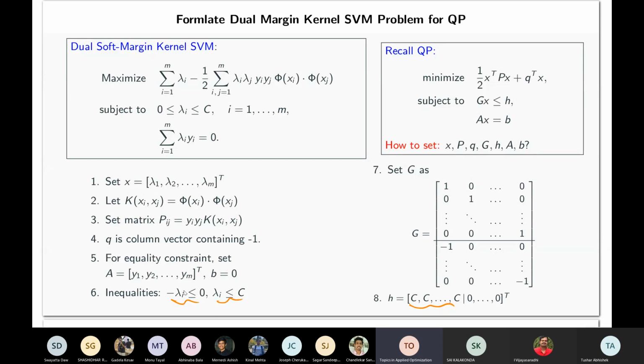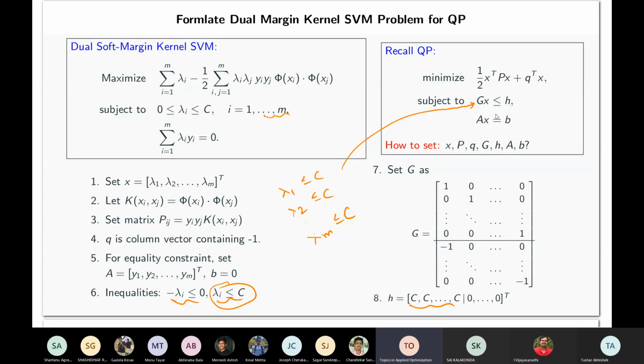It came after looking at these inequalities, to see what would be the suitable choice of G. I saw that this set of inequalities satisfies lambda_i less than or equal to C. So lambda 1 is less than or equal to C, lambda 2 is less than or equal to C, and this happens m times, so lambda m is less than or equal to C.